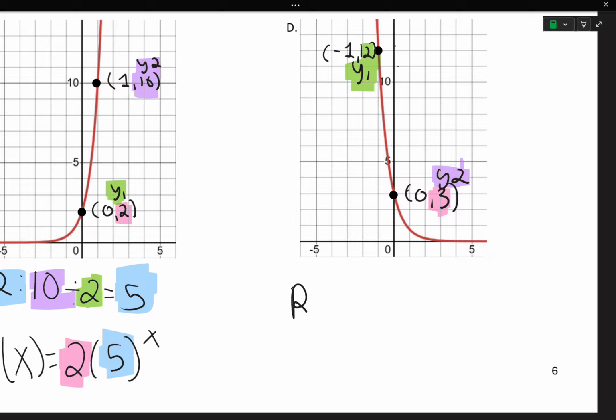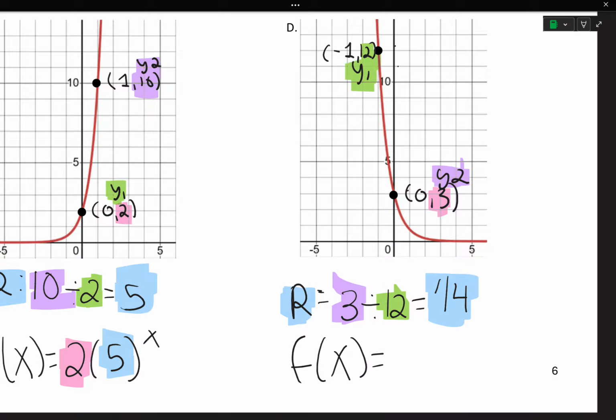All right. Our ratio is going to be 3 divided by 12. 3 divided by 12 is 1/4. So we've got f of x equals 3 times 1/4 to the power of x.